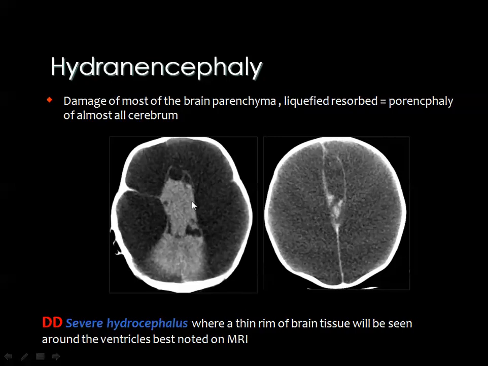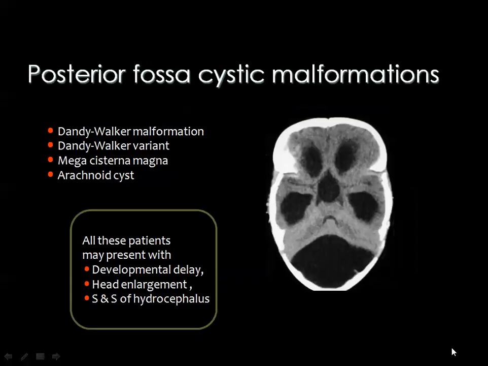The thalami may be fused together, and very importantly, you see the falx cerebri present in order to diagnose this abnormality. Then there are a lot of posterior fossa cystic malformations, including the Dandy-Walker anomaly, the Dandy-Walker variant, the megacisterna magna, and the posterior fossa arachnoid cyst.